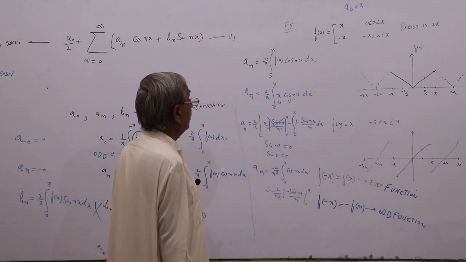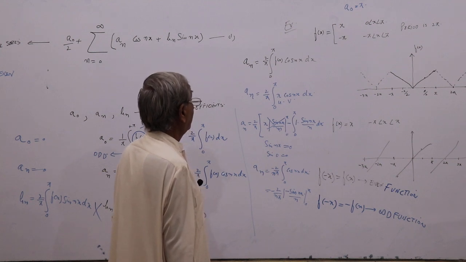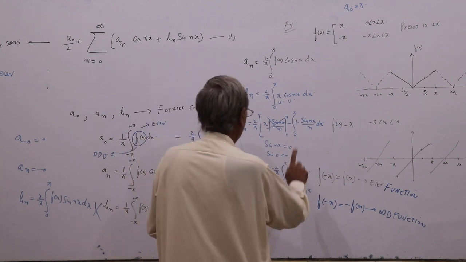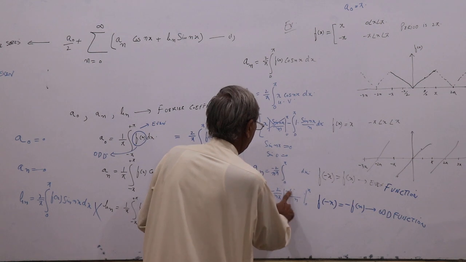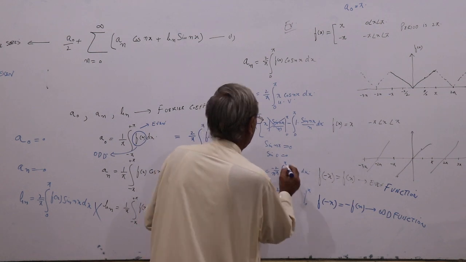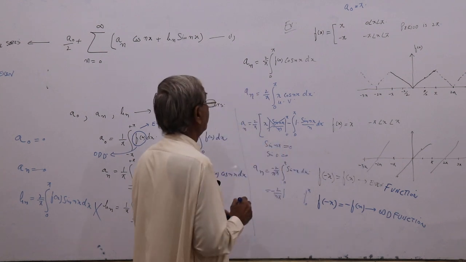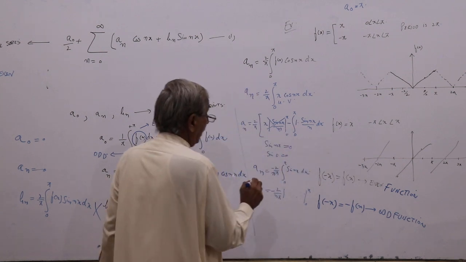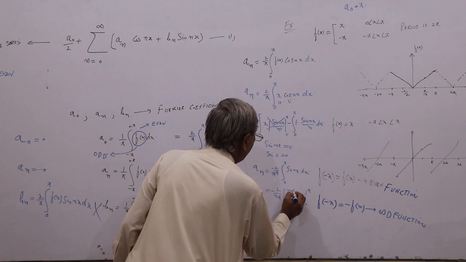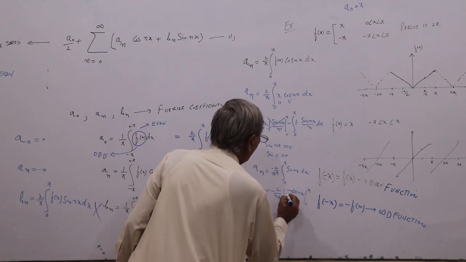Minus sine nx, I'm sorry, it was sine nx. Okay. So its integral is minus cosine nx over n.